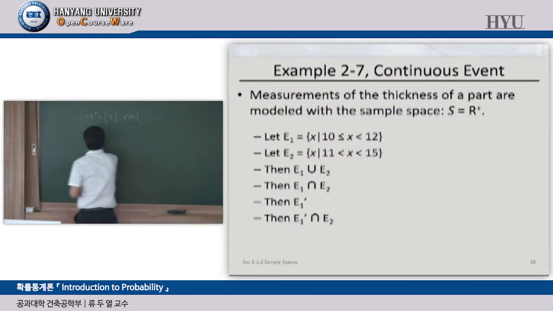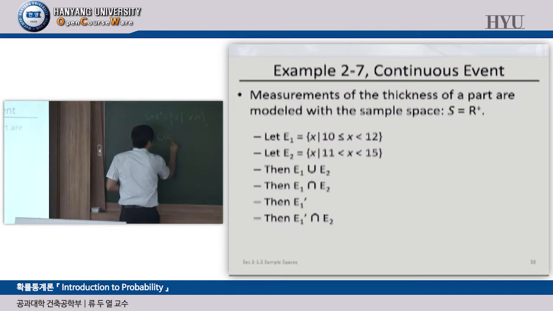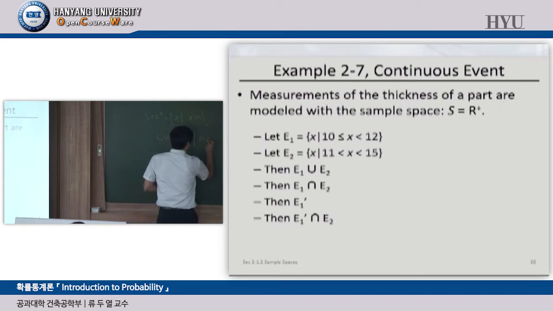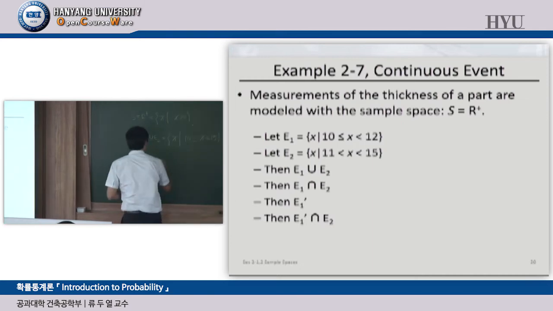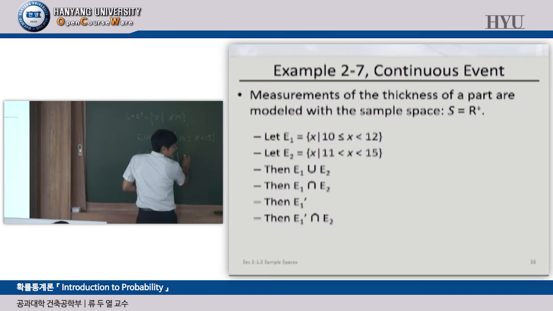The union of E1 and E2 will be the thickness between 10 to 15 millimeters, right? And what is the intersection of the E1 and E2? There will be the case with the thickness between 11 to 12.